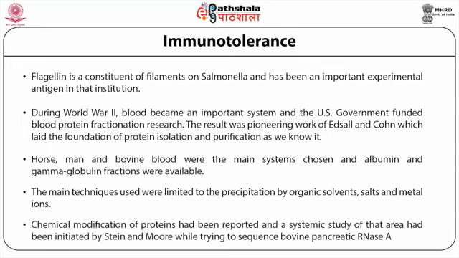Chemical modification of proteins had been reported, and a systematic study of that area was also initiated by Stein and Moore as a part of their project to sequence bovine pancreatic ribonuclease A. Ribonuclease A was the second protein and the first enzyme to be sequenced.